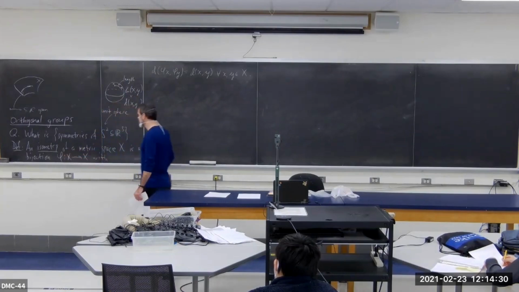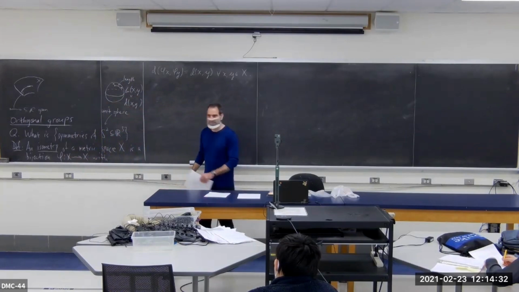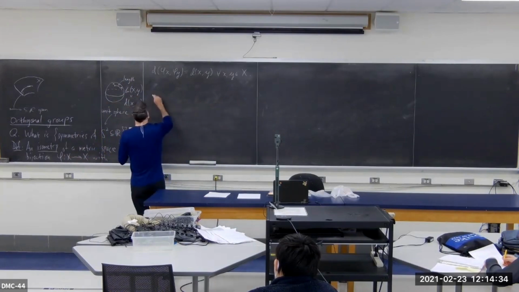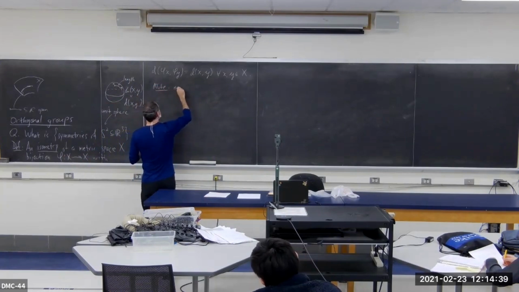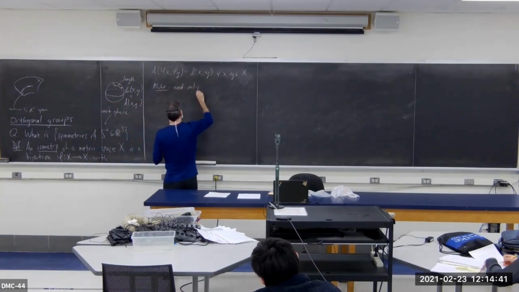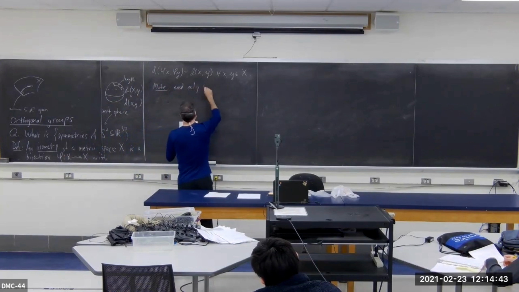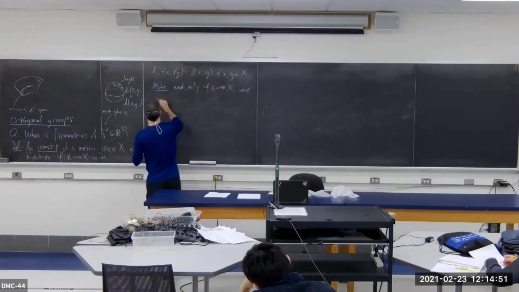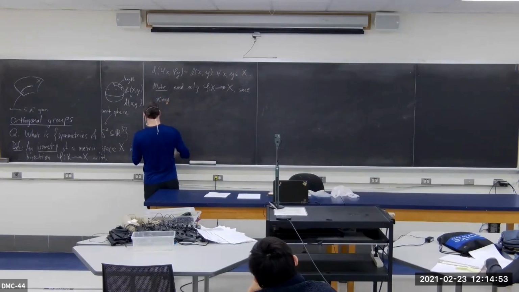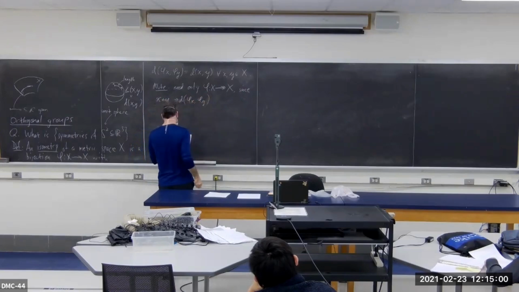If phi is surjective and it preserves distance, then it's automatically injective. Why is that? Note that phi maps X surjectively to X, and if you have x not equal to y, then what's the distance between phi of x and phi of y?